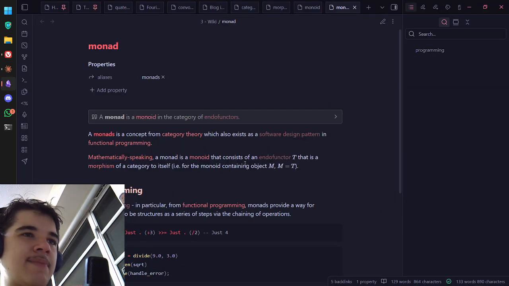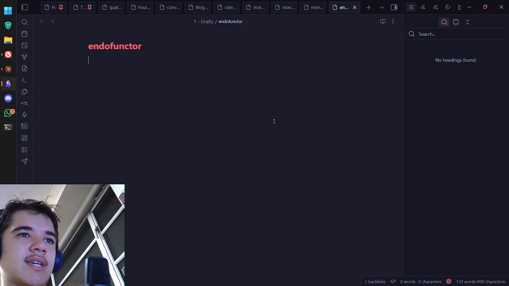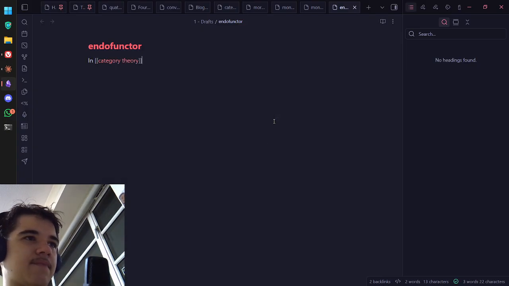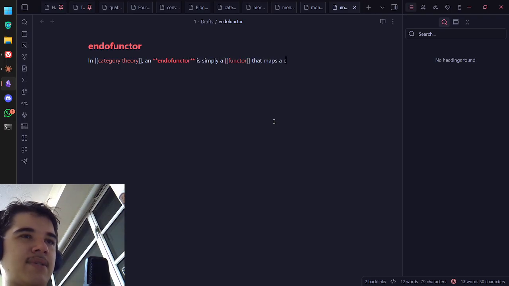I mean, this is the basic idea, right? So let me define what an endofunctor is. In category theory, an endofunctor is simply a functor that maps a category onto itself.